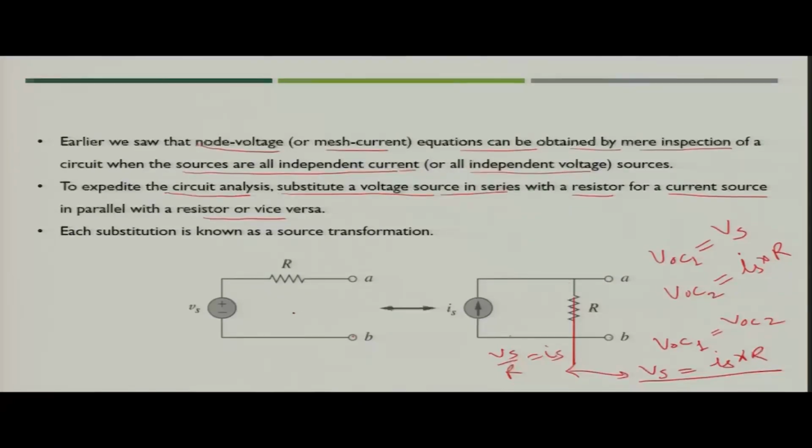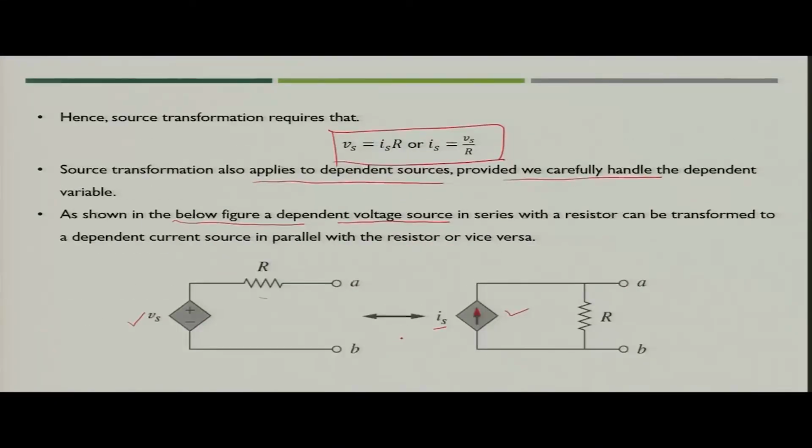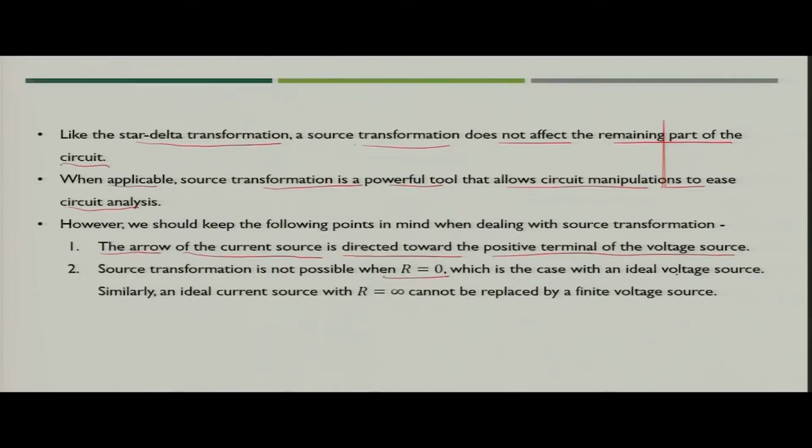So, ideal voltage source and ideal current source cannot be transformed from voltage to current or current to voltage. So, this also we have to keep in mind when we are doing the voltage or current source transformation. Why? Because when you have an ideal current source, you cannot replace it with any finite voltage source, right. So, that is why it is not applicable when the voltage and current sources are ideal.